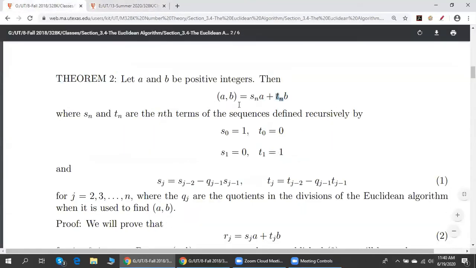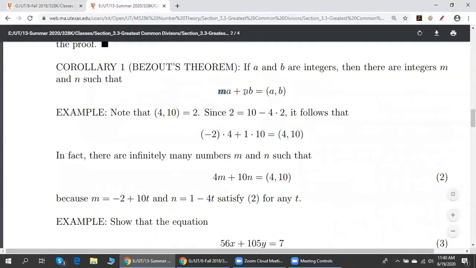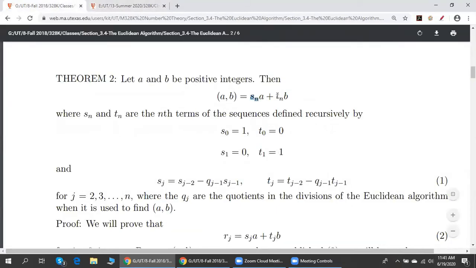M, according to what is written here, is Sn. N is equal to Tn, where we find Sn and Tn using these two formulas, where the initial terms are 1, 0 for S0 and S1, and 0, 1 for T0 and T1.